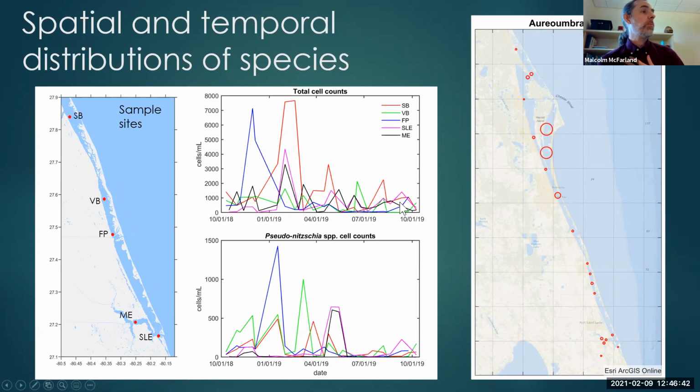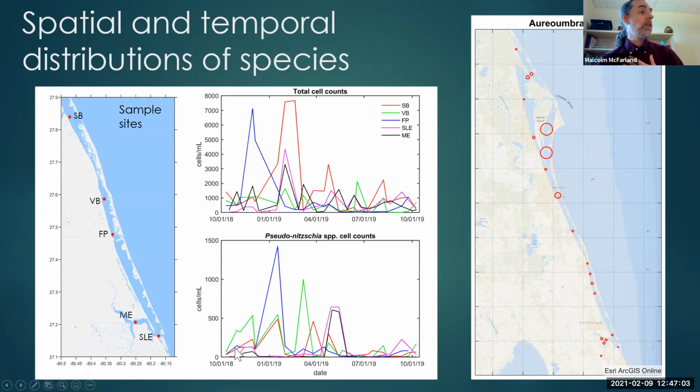So this is a plot mostly from 2019. At each of these different sites, we have the number of cells that are in the water for all the cells. And then we also have data that's just, say, as an example, just for this Pseudonitzschia that I was talking about. And you can see it varies a lot.